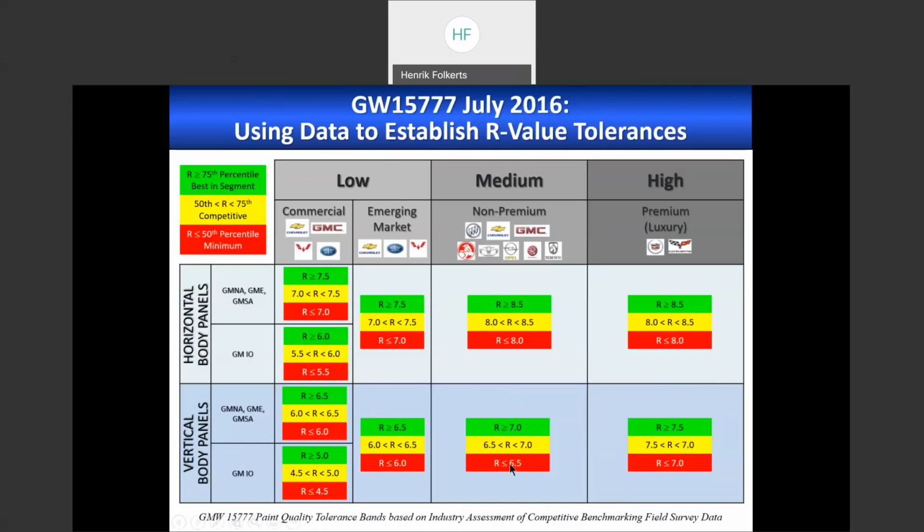Anything in the red obviously is not where you want to be. But one thing we always have to mention is that this is for body and not necessarily for add-on parts, because a lot of times the plastic materials used in the add-on parts cause your R value to be lower than these numbers. So for fascias and all the other add-on parts, these numbers would be different.